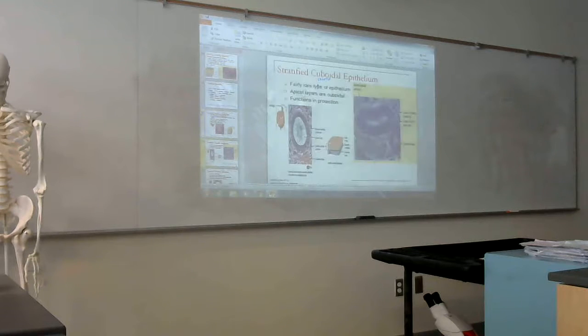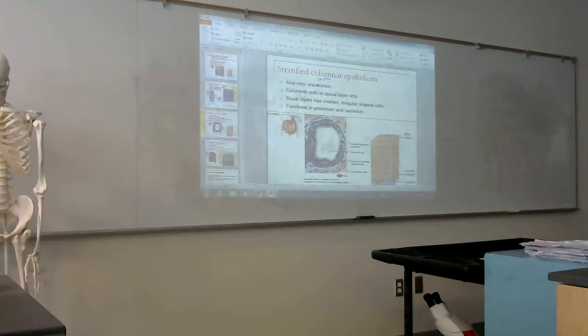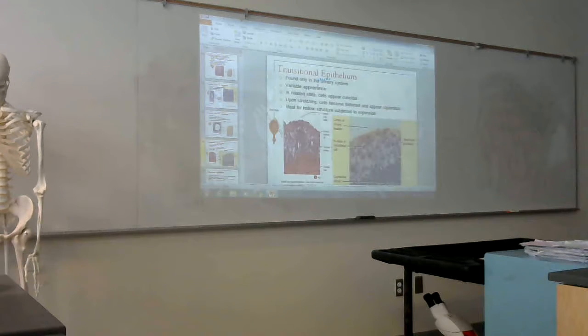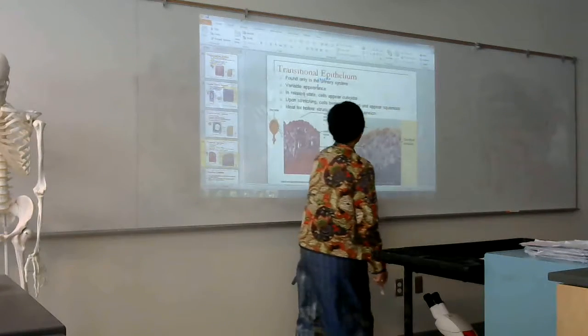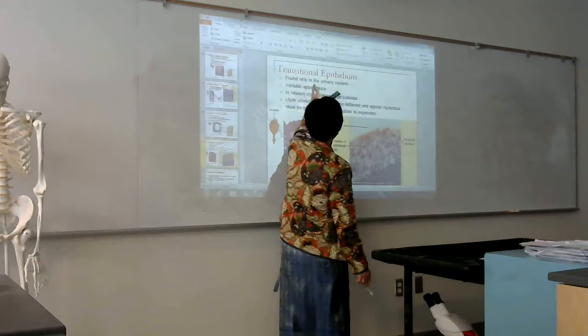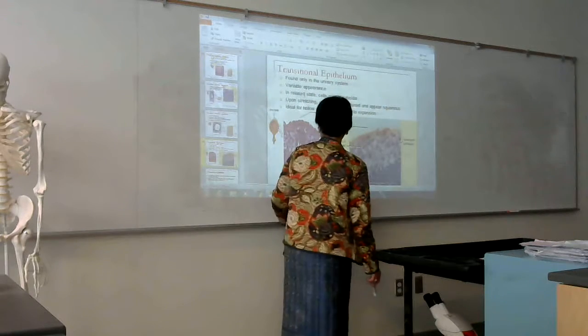Okay? Next. So you're not going to be shown, you don't have to draw this one or this one. We're not going to include that in our lecture. This one I want you to draw. Transitional epithelium. This is also stratified, except it's named transitional because it's found only in your urinary system, the bladder.